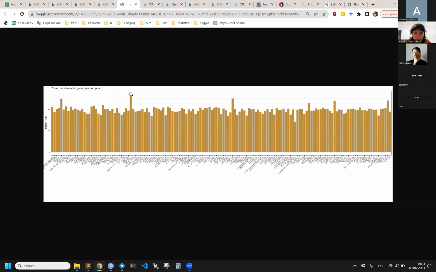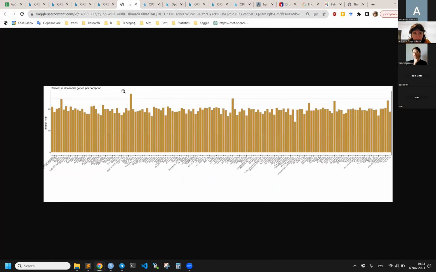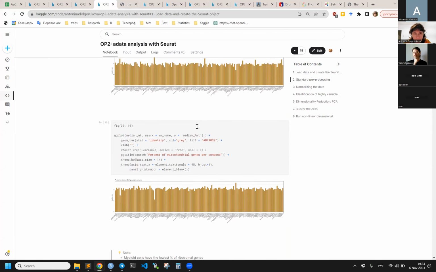Previously we saw in the table that this one huge bar, CGP 60-something, has the largest percent of ribosomal genes, and it is very different from the others, I guess. Maybe not all, but most, because most have similar percent of ribosomal genes. Maybe if you know something about this drug, you can explain this somehow. It would be interesting to hear.